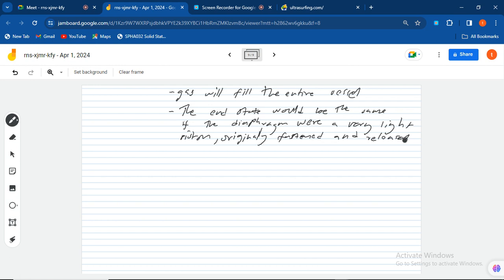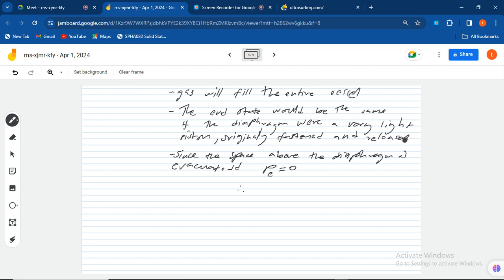Since the space above the diaphragm is evacuated, then P external equals zero.